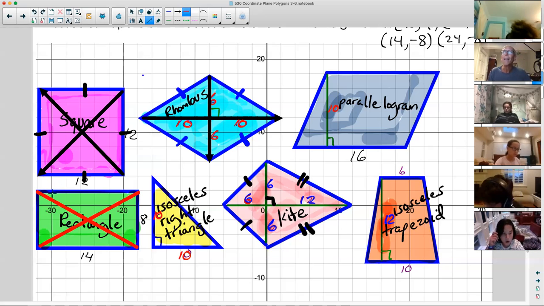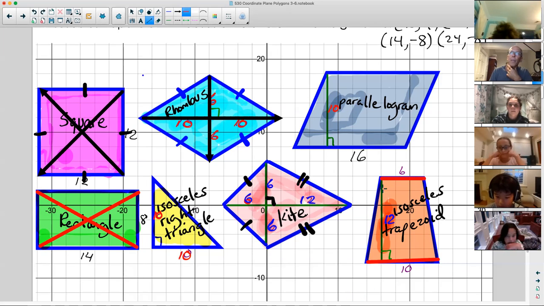So great. Now, what about the angles of the diagonals of an isosceles trapezoid? Now, notice, guys, that the trapezoid has 2 parallel opposite sides, and its legs are the same. That's why we call it isosceles.